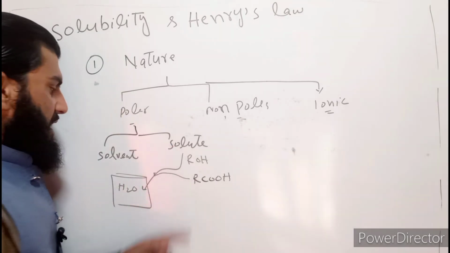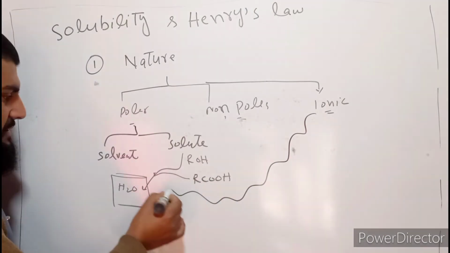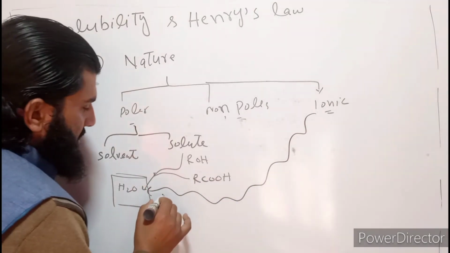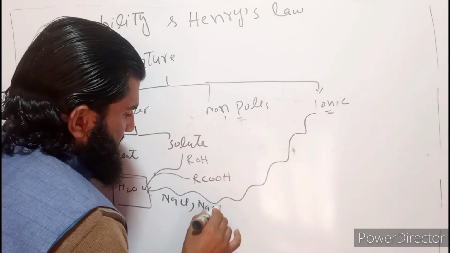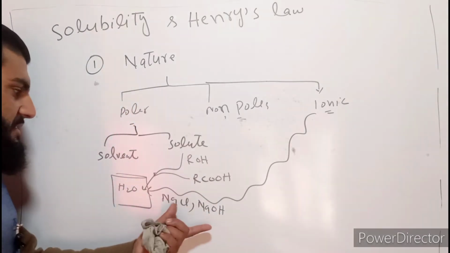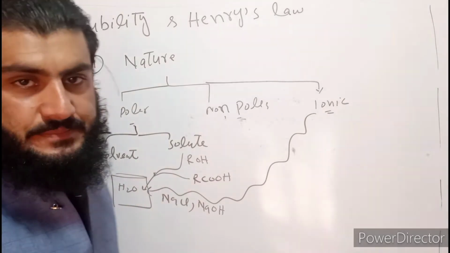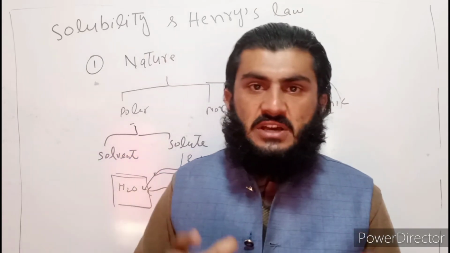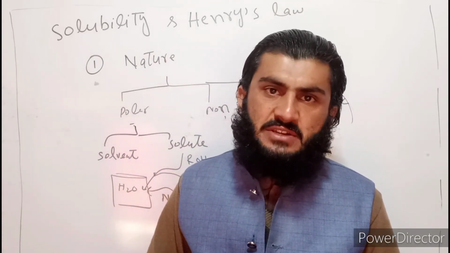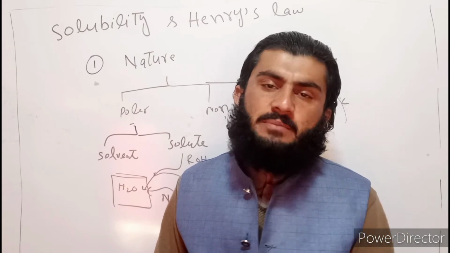These molecules are ionic substances, for example sodium chloride, sodium hydroxide; these can easily be dissolved. Clear? So if the solute and solvent have the same nature, meaning both are polar or both are non-polar, then their solubility will be maximum.